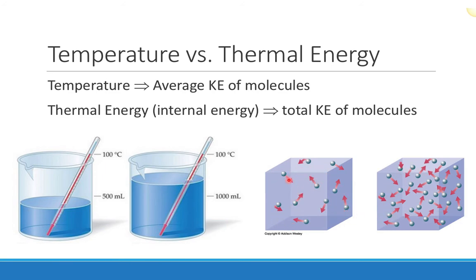The arrows represent their velocities, which is directly related to their kinetic energy. On average, the kinetic energy on the left is the same as on the right, but there are a whole lot more molecules in the right-hand block, so there would be more thermal energy because there's more total kinetic energy.